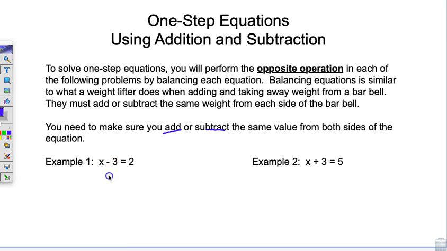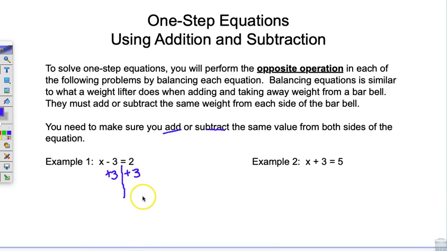So I want to add 3 to the left side of the equation and add 3 to the right side of the equation. This equal sign separates our equation into the left side, which is just x minus 3, and the right side, which is just 2.